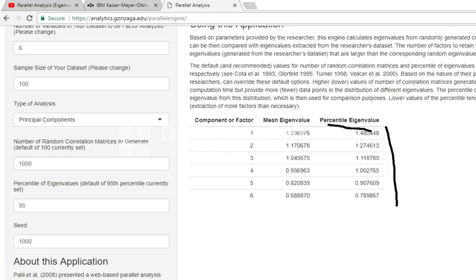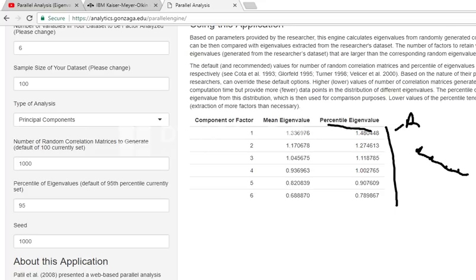These are essentially randomly generated eigenvalues, from randomly generated matrices, and these are plotted against the eigenvalues from your data. If I have my eigenvalues from my data decreasing in this kind of way, I can plot them against these eigenvalues.